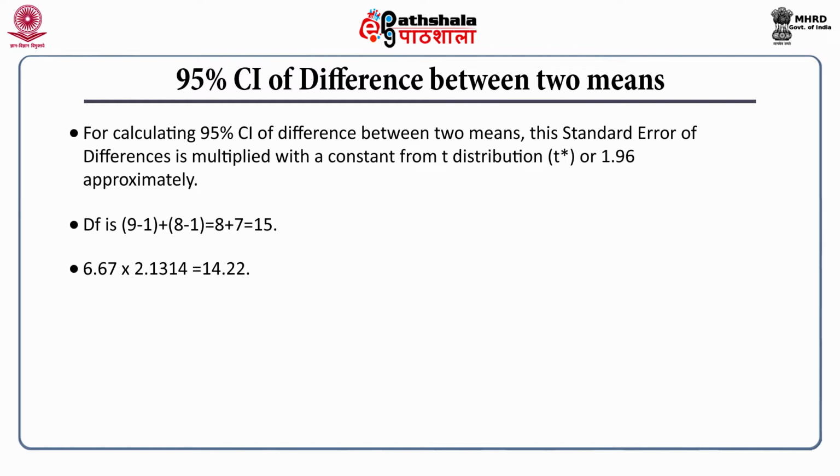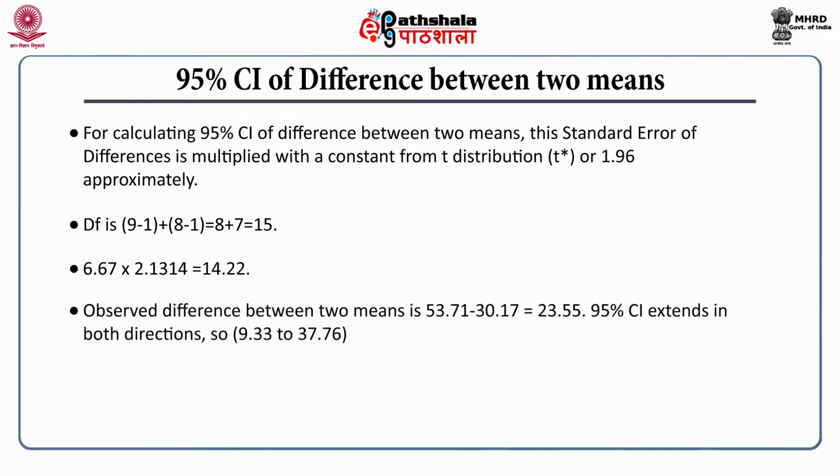So the real constant, if you check the t distribution table, is 2.1314. You multiply this value with the standard error of the difference, that is 6.67, to get 14.22. The observed difference between the two group means is 53.71, the mean of the first group, minus 30.17, the mean of the second group.